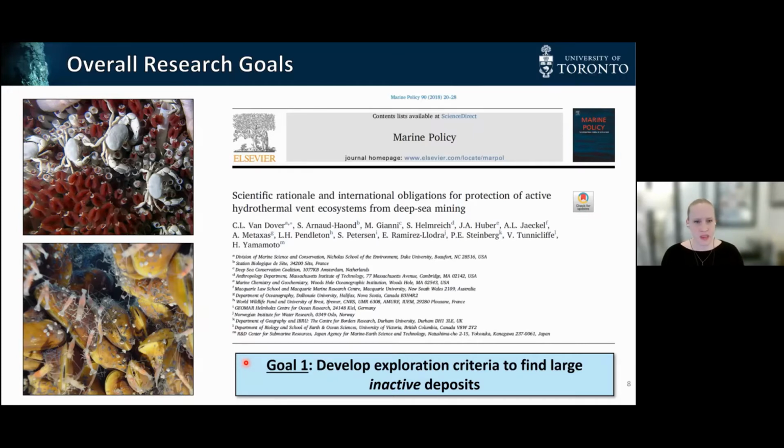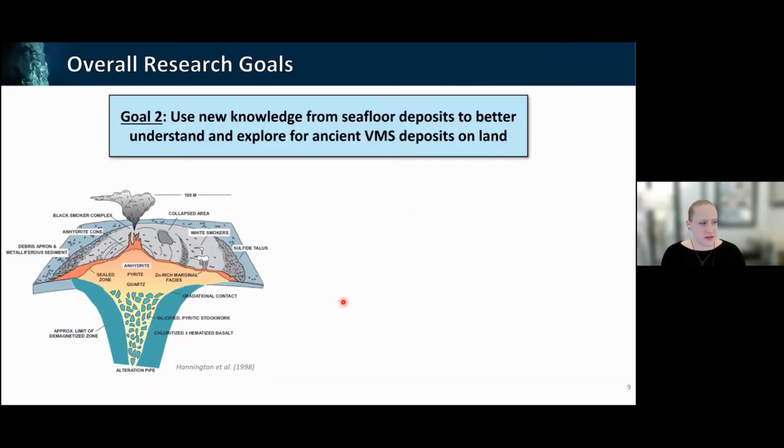So the second really big picture goal of my work is to use the knowledge from these seafloor deposits to better understand the deposits that we are mining on land, and maybe to explore for new ones on land. This is the classic cartoon model of the TAG deposit, which is arguably the best studied seafloor massive sulfide deposit because it has been drilled.